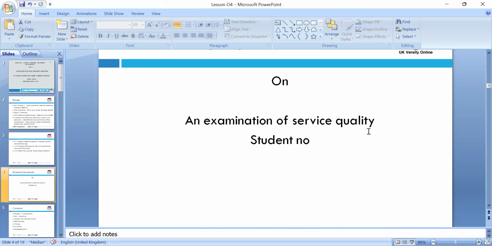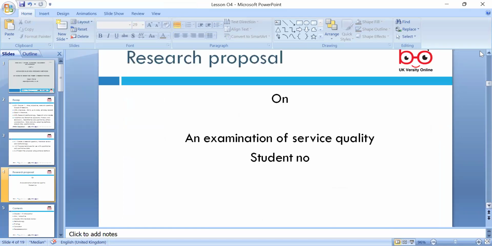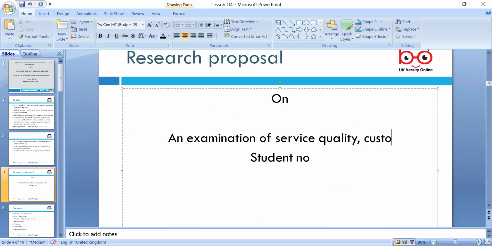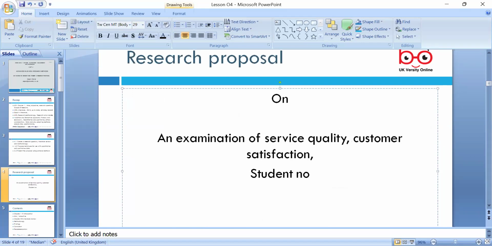We pick the topic for the research proposal: an examination of service quality. We can look at how customer satisfaction leads to customer loyalty, and customer loyalty leads to partnership.